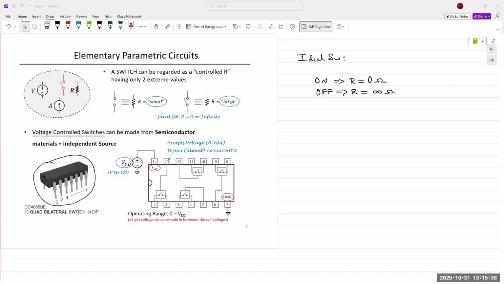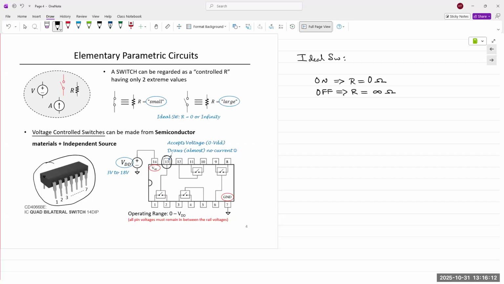So as I was saying, we can buy these microchips off the shelf. They are voltage control switches. Based on the voltage that we apply, the switch can be controlled on or off. And bilateral simply means it can go in both directions. So let's take the example of the first switch. Between pins 1 and 2, you have this device, and the voltage applied to pin number 13 is the controlling voltage that decides whether the switch will be on or off.